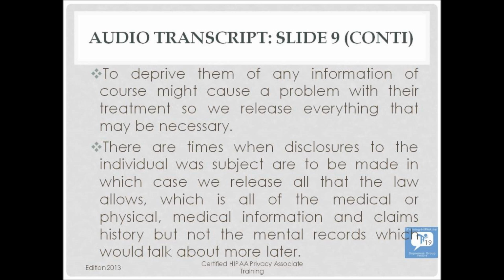There are times when disclosures to the individual who is the subject are to be made, in which case we release all that the law allows, which is all of the medical or physical medical information and claims history, but not the mental records, which we'll talk about more later.